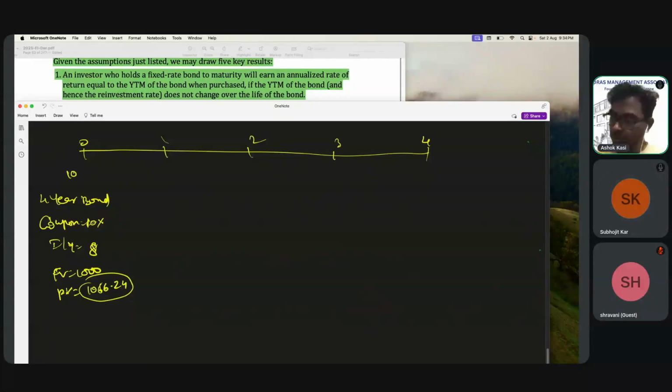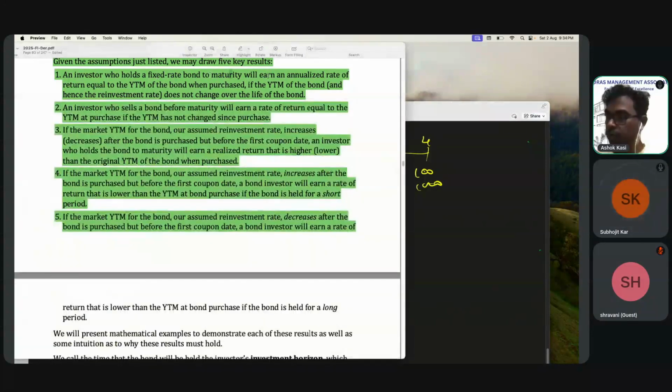So you are going to pay 1066.24. What you are going to get is 10 percentage, so 100 PMT, 100, 100, 1000. Now assuming you are holding the bond till maturity for the next 4 years, an investor who holds a fixed rate bond to maturity will earn an annualized rate of return.